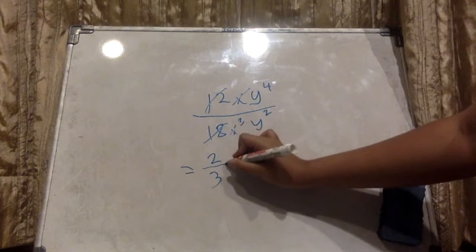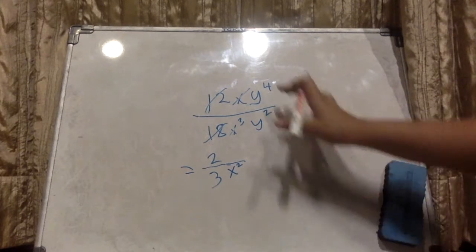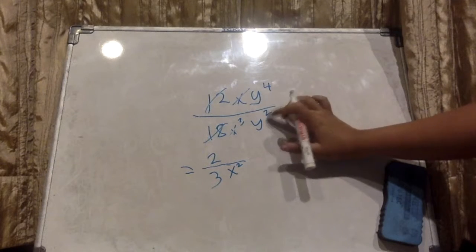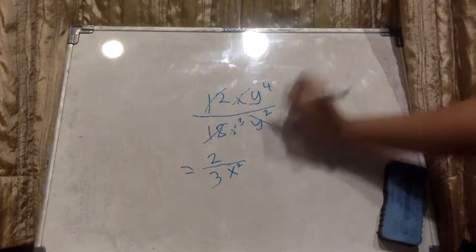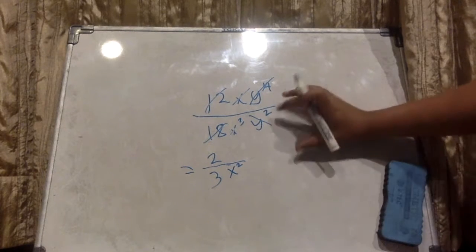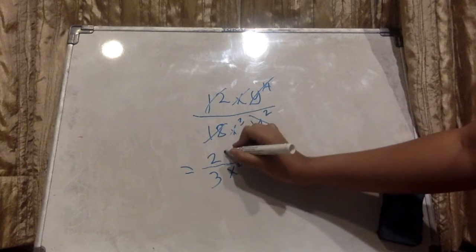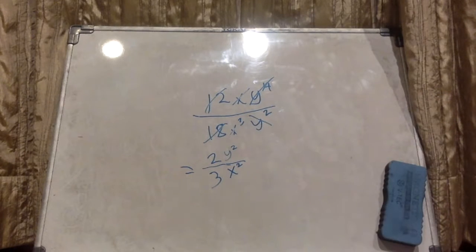And this is the bigger one, and this is the smaller one. So of course we need to eliminate this, also eliminate this. We take 2 y's out of the 4, so it's going to be y squared. Same thing, y squared. And that is basically your answer.